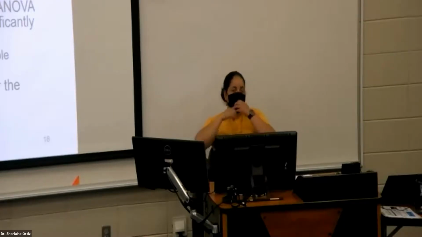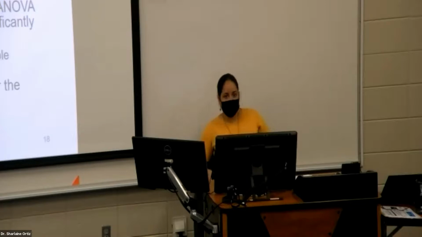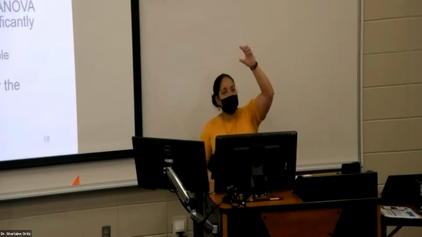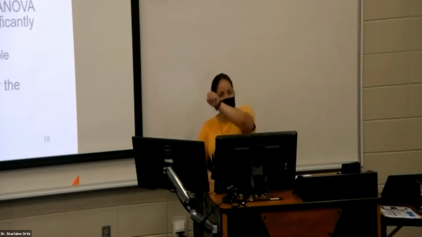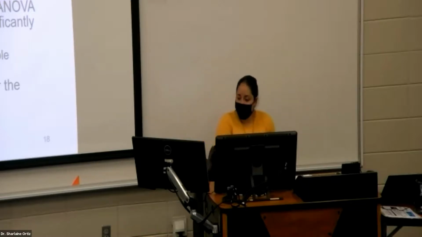So notice that whenever I'm doing an ANOVA, I'm trying to go back and say I have this one factor, but this factor I can start breaking down into different levels. And what ANOVA is going to do is observe for those differences.